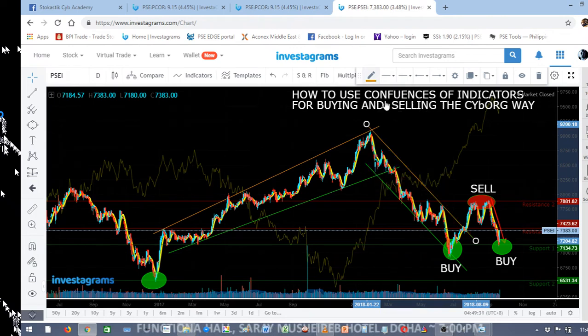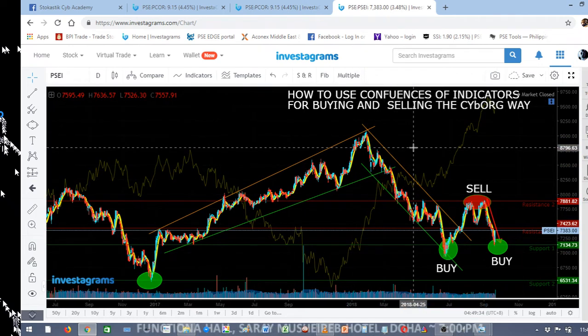On this particular stock, why is it important to know the support and resistance trend line?